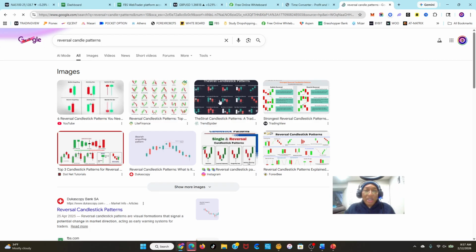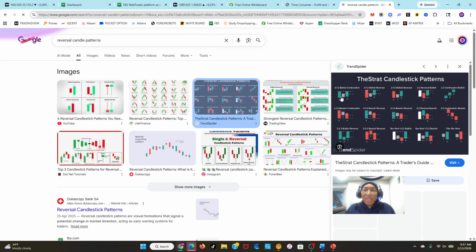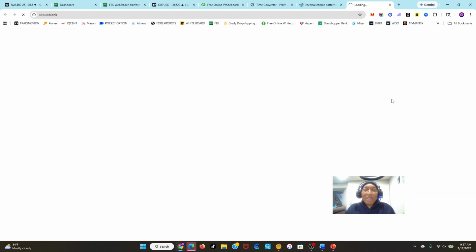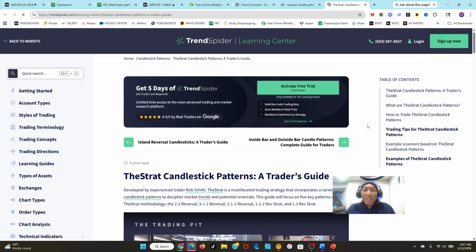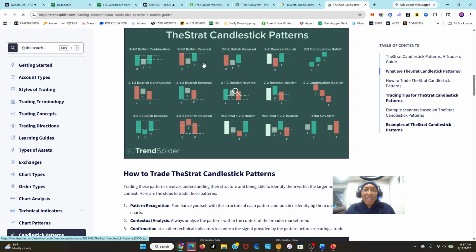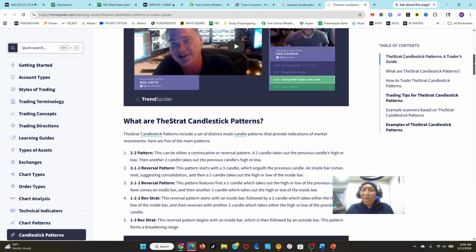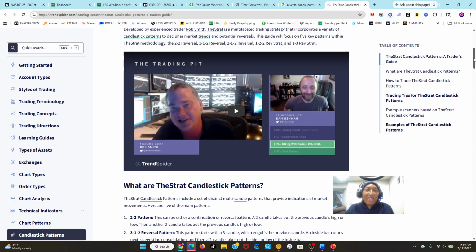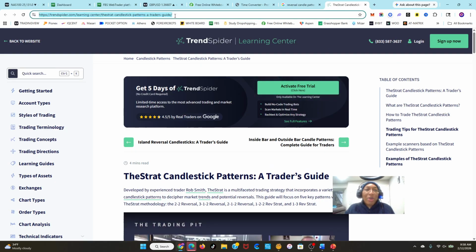You can see the reversal candle patterns: bullish reversal, bearish reversal. If you see that type of pattern... now this is too complicated. Let's look for a simpler one. TradingView does give us a simpler one. Oh, we can go to Babypips.